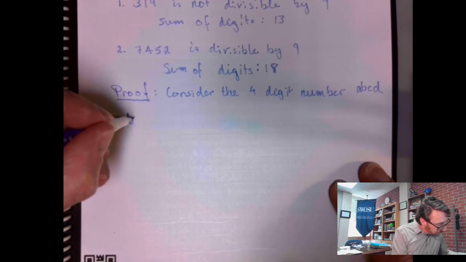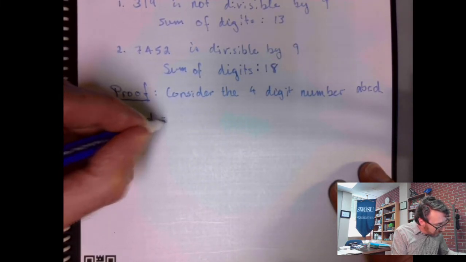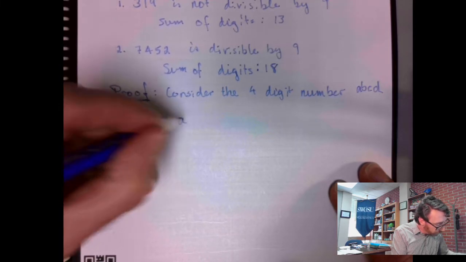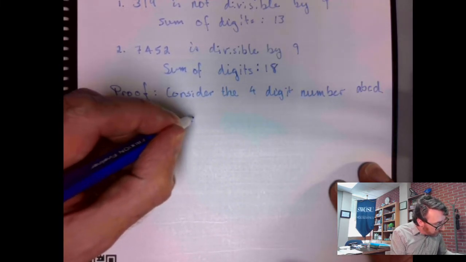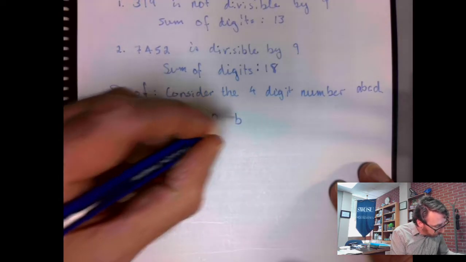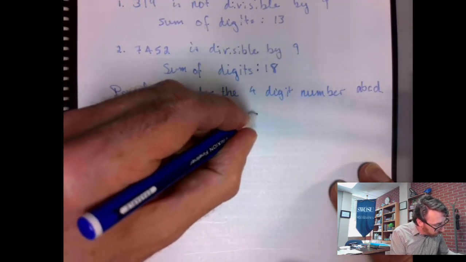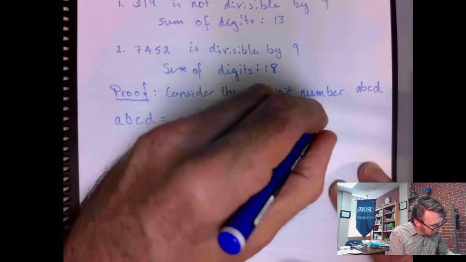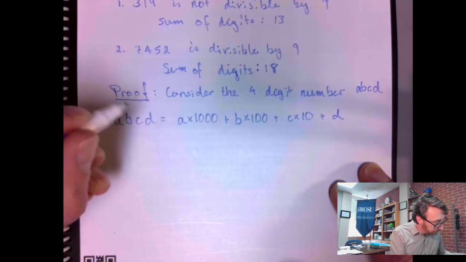I'm going to write this out in expanded form. A, B, C, D is equal to A times 1,000, right? That's the digit in the thousands place, plus B times 100, that's the digit in the hundreds place, C times 10, and finally plus D.